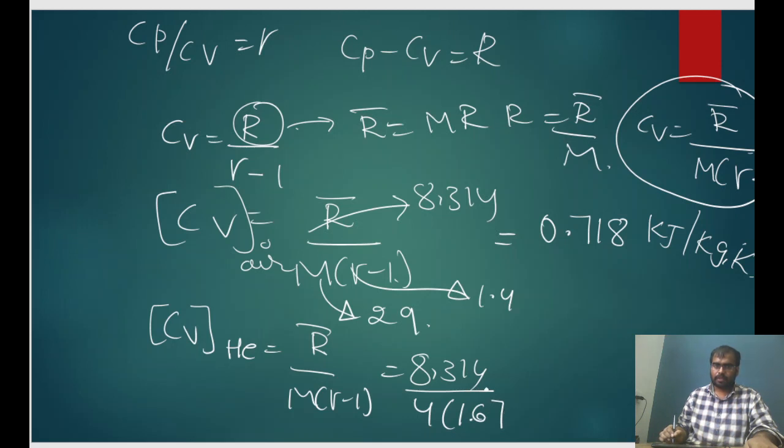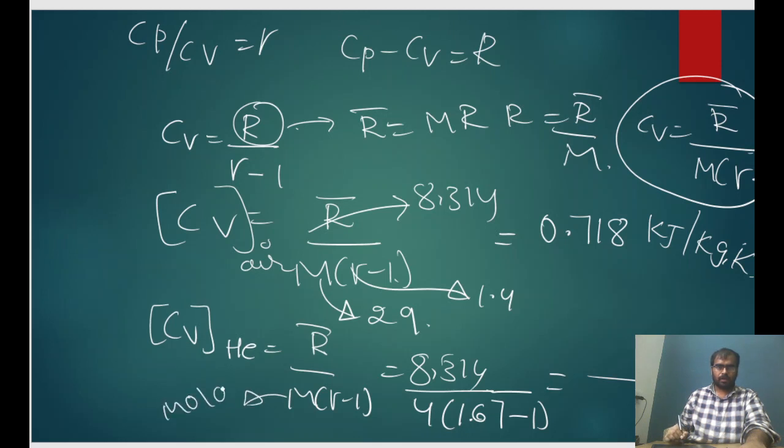This is a diatomic gas, so you have to take 1.67 or 1.66. Find out this value. The unit is kilojoule per kg Kelvin. If in the question they have given helium expanding in cylinder or some thermodynamic device, you have to find out Cv like this. If they give molar masses, otherwise you have to remember these molar masses.